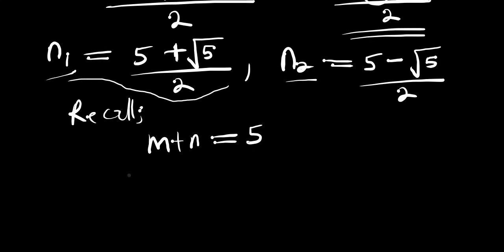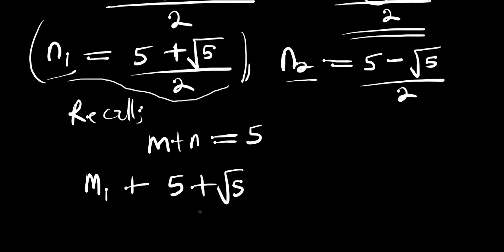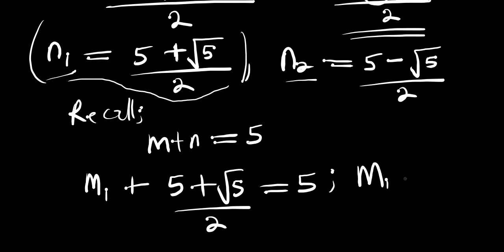That means m1 plus, we are going to make use of this n1. So we're going to have, instead of n here, n1, 5 plus root of 5 divided by 2, and this equals 5. So from here, we're going to have m1 equals 5.